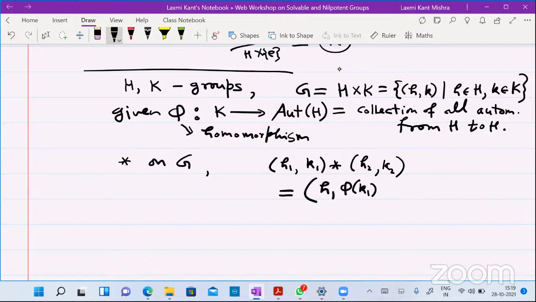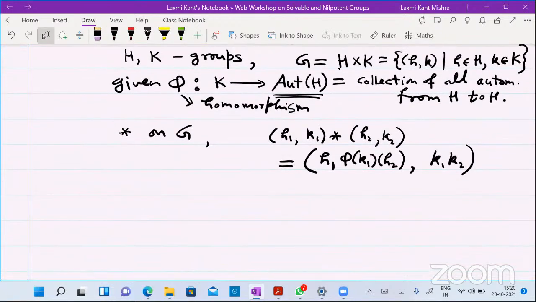Phi of K1 is some automorphism of H, so it will operate on H2 and give another element of H. So this is the first coordinate and the second coordinate is the same. We define this star here. You can check that G, meaning H cross K, is a group with this operation. This is just an easy exercise.